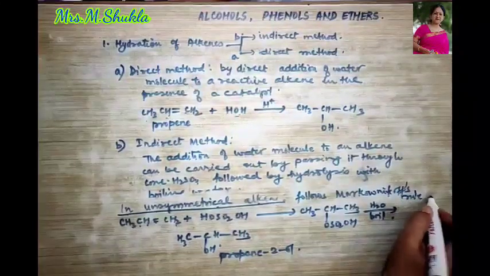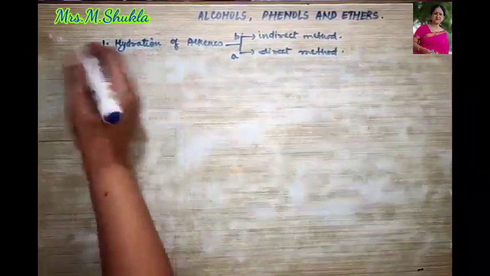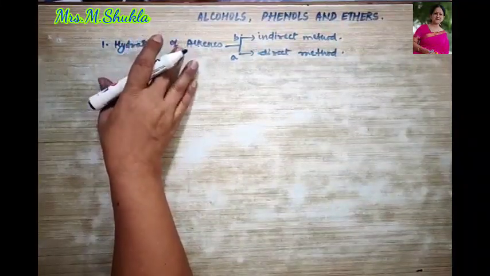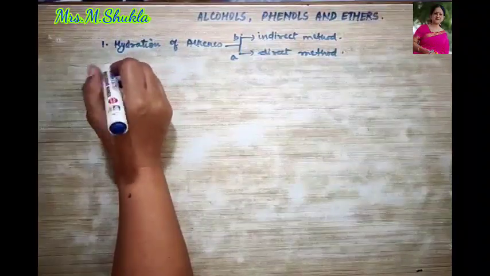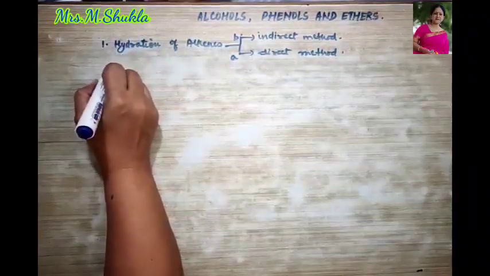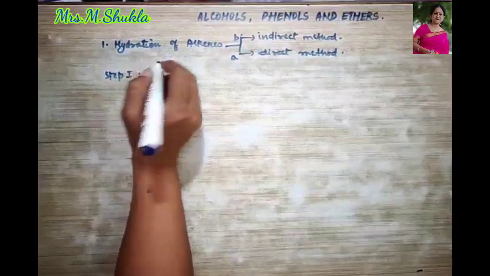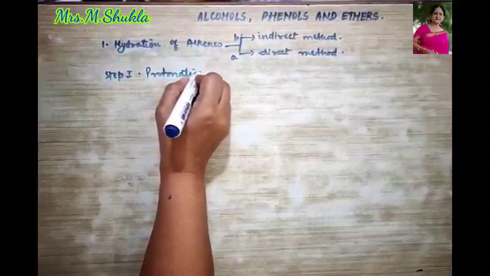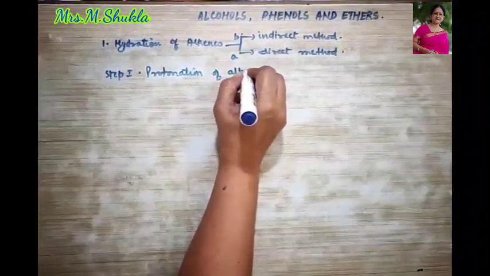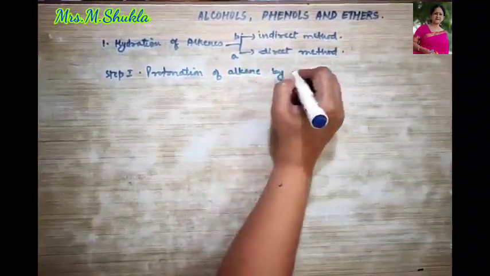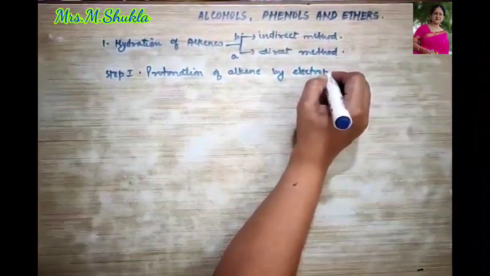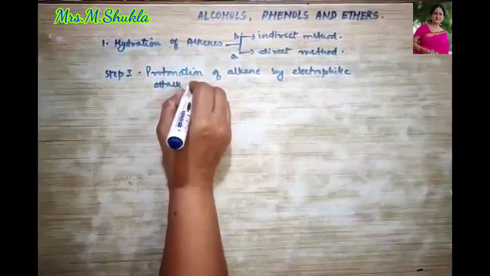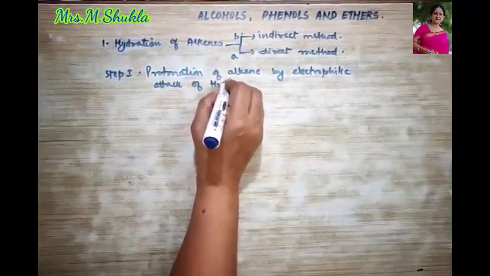Now let me explain the mechanism of the acid catalyzed hydration of alkenes. This takes place in 3 steps. The first step is protonation of the alkene by electrophilic attack of hydronium ion.